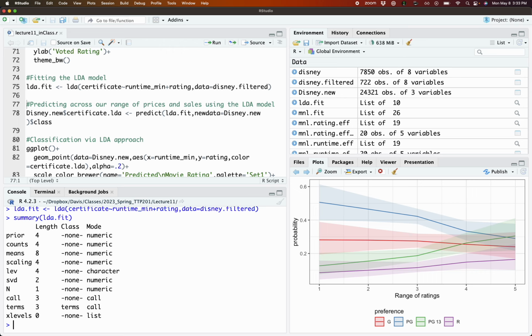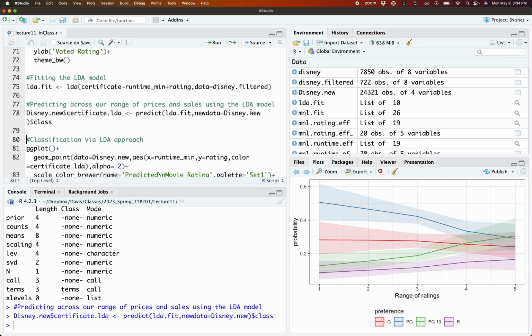So I wouldn't worry too much about trying to derive traditional coefficients from this. Rather, focus on the predictive pieces. If I were to repredict based off of the Disney.new with the LDA, you can put this $class at the end, and that will classify based off of the highest probability outcomes.